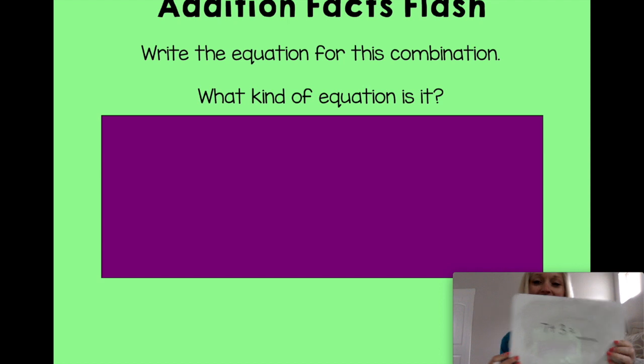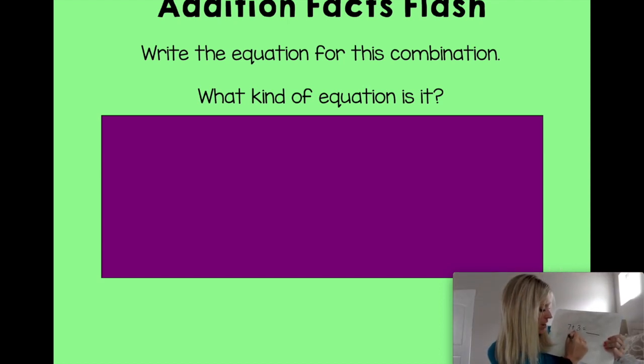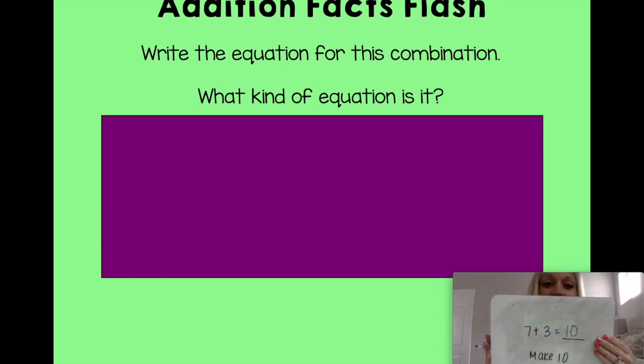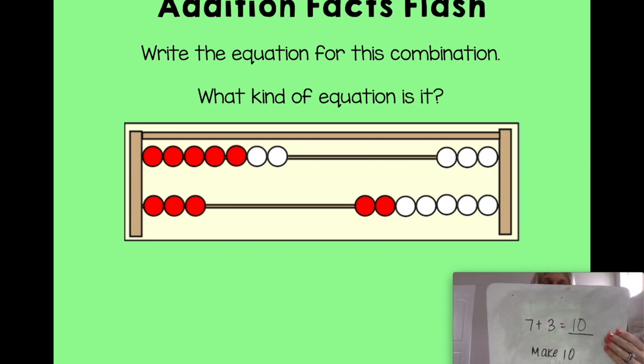Think hard. That's right. You can use make 10. 7 plus 3 makes what? 10. You can make 10. Good job. 7 plus 3 equals 10, and you use the strategy make 10.